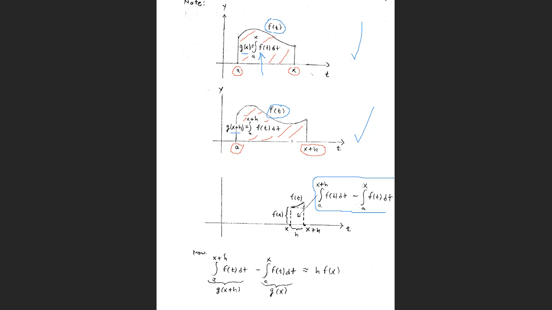So if you take the area here of the second picture and subtract the shaded area in the first picture, that's going to get you this shaded area here. And that's just the difference of these two integrals.